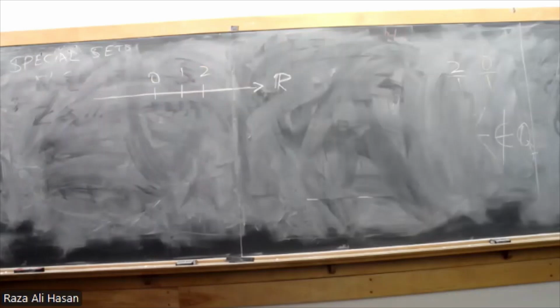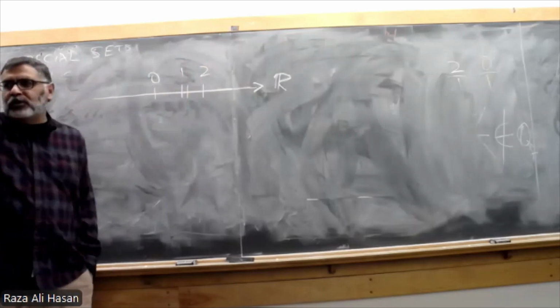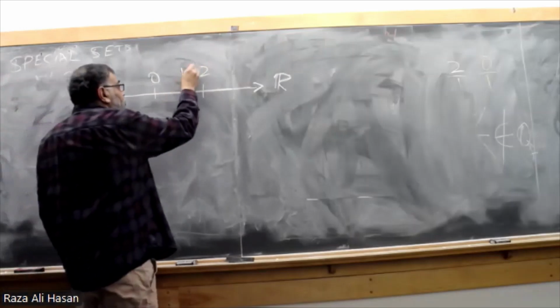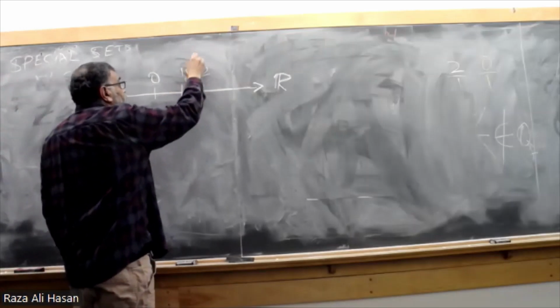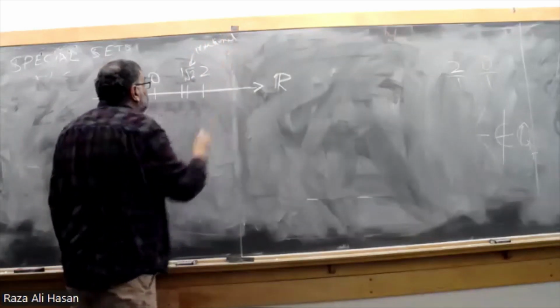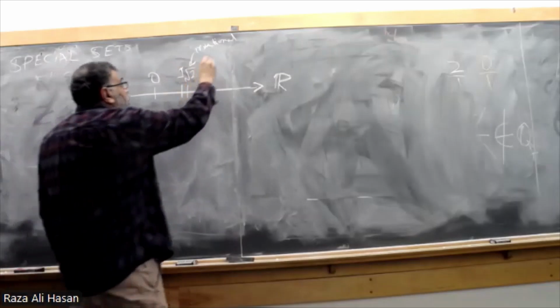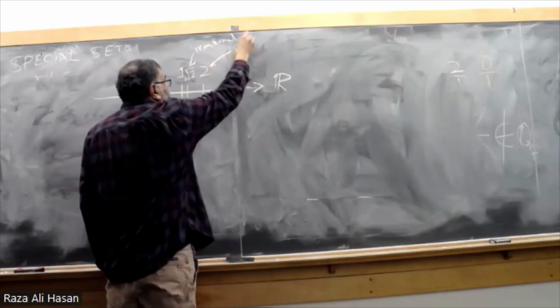Where does square root of 2 go, remember, irrational? Square root of 2 goes right here because it's 1.41 something. So square root of 2 goes here. This is an irrational number. So this is 1. Square root of 2 goes right in the middle. This is a rational number.